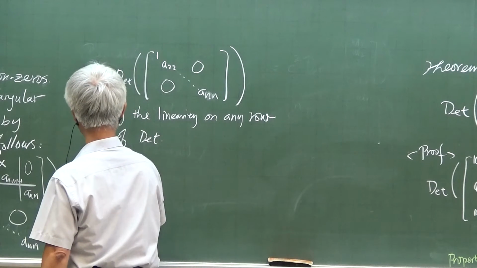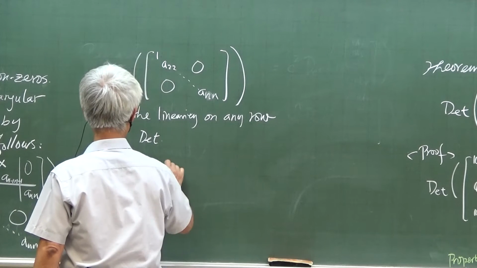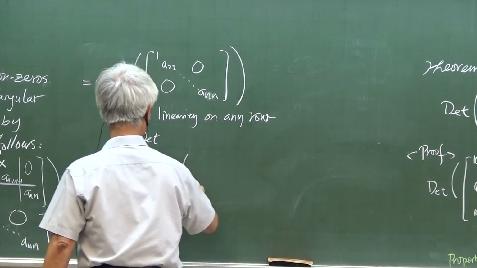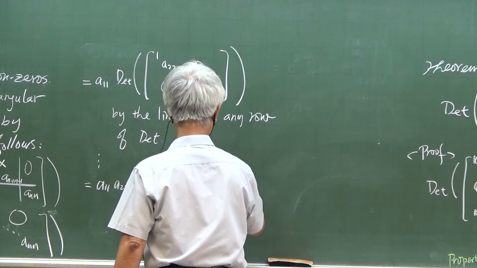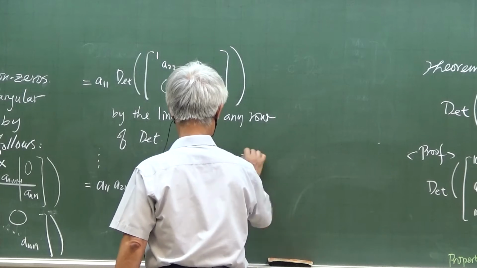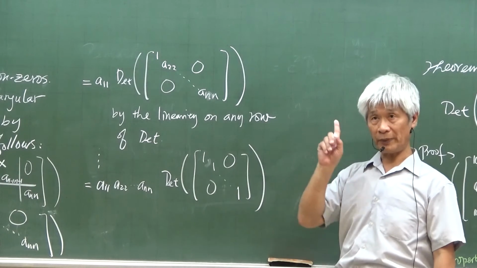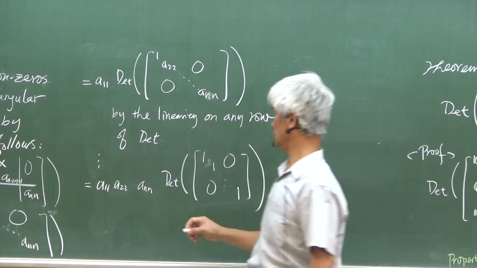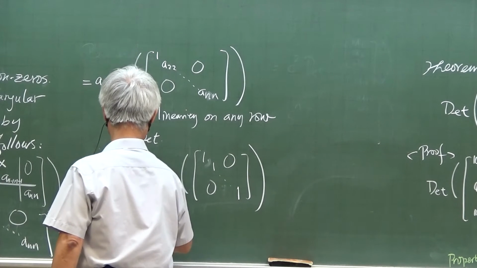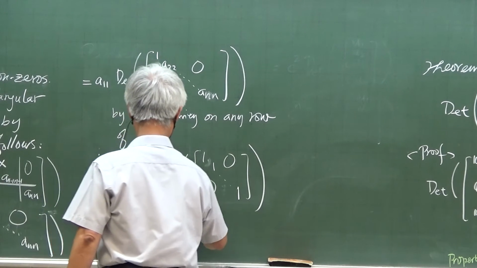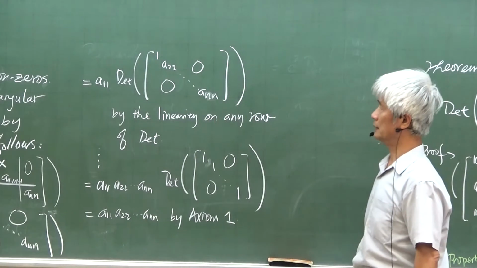So continuing, we have A11, A22 up to Ann, and the determinant of the identity. This is the identity matrix, and its determinant is equal to 1 by axiom number 1. So this is A11, A22 to Ann by axiom 1.